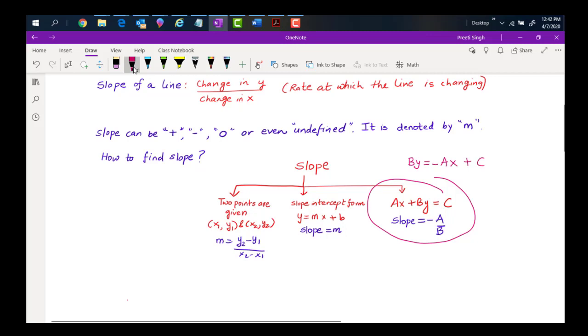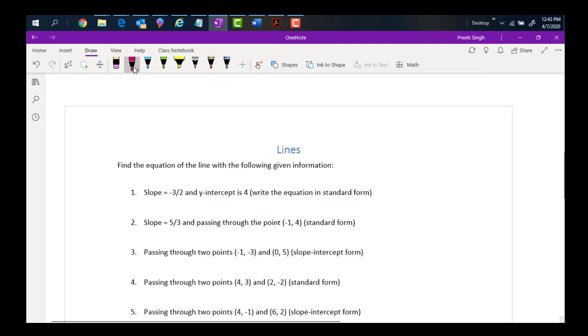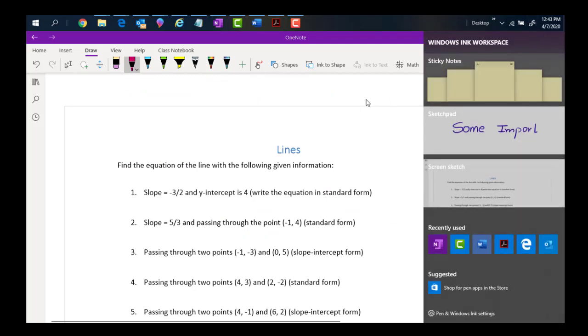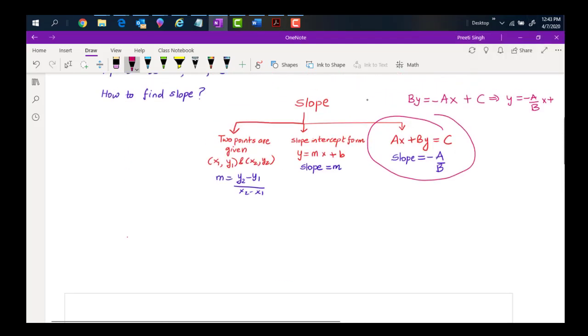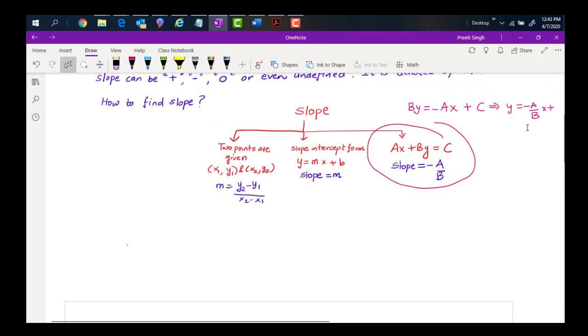Now dividing by b to isolate y, I get y equals negative a over b x plus c over b. Be mindful that when you divide by b, both negative ax and c are divided by b. So right here is your equation.